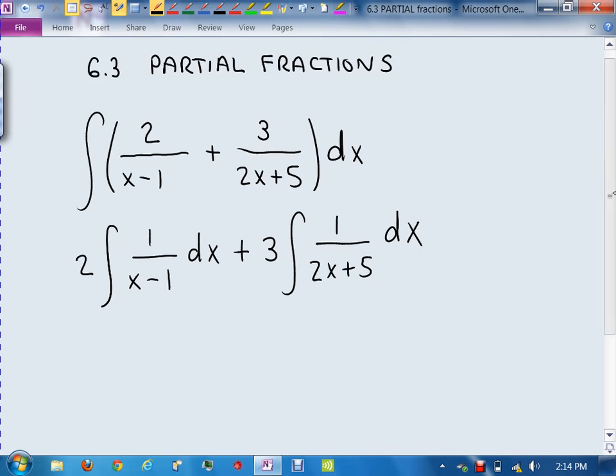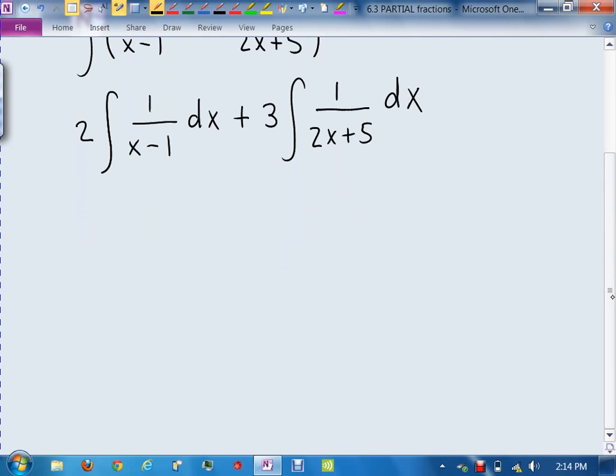Now, for this first integral, I'm just going to do a quick little u substitution. U is x minus 1. What's du? dx, right? So that little integral becomes an integral 1 over u du, doesn't it?